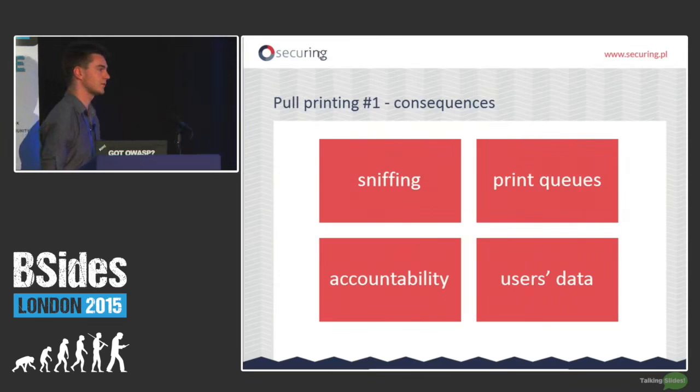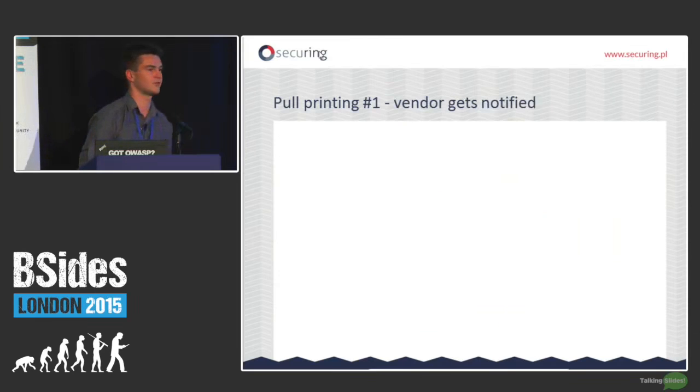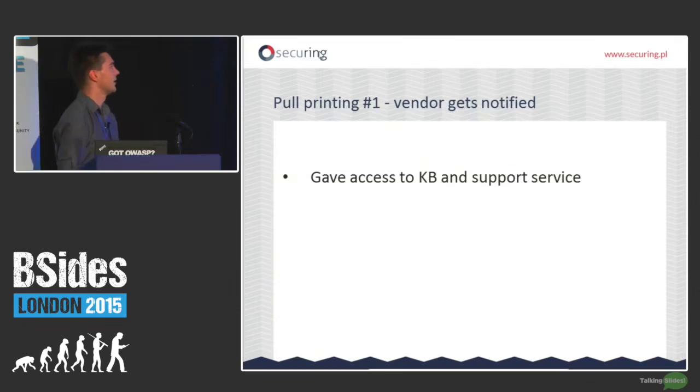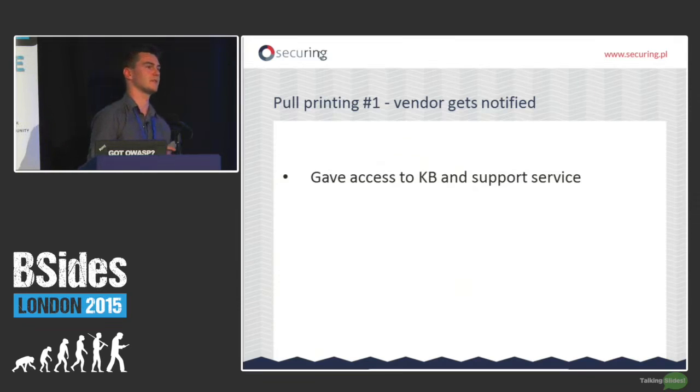And communication with this vendor was very nice. I mean, this is not very common. He gave us access to his knowledge base and the other versions of his software, because on his website there was only the educational version of his software.